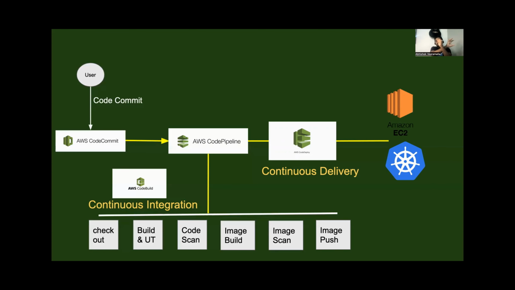There is GitHub repository, there is Argo CD, and then there is Jenkins pipeline, right? These were the four things that I've explained in the diagram. Now there is AWS CodePipeline, CodeCommit, CodeDeploy, and CodeBuild. So if you compare both the pictures, you can go back, place both the pictures side by side, right? Then you will get the clear picture.